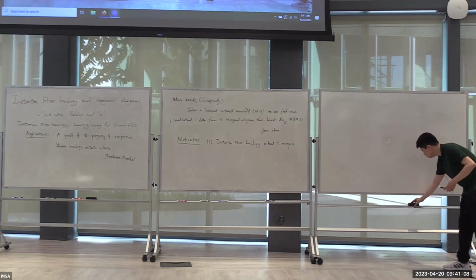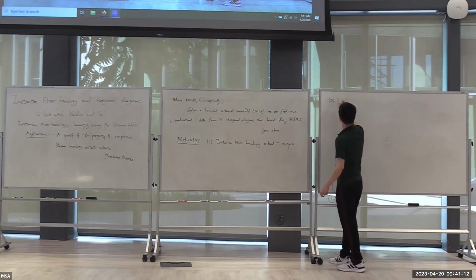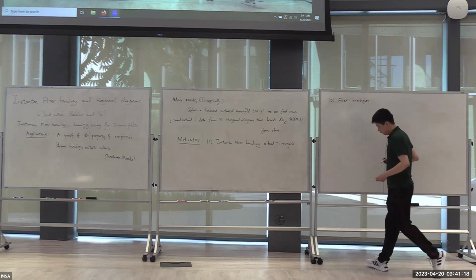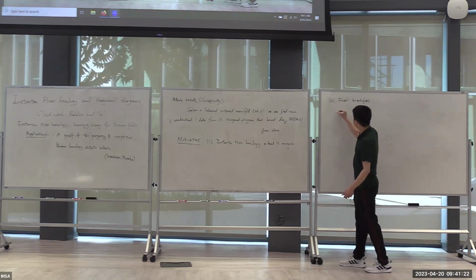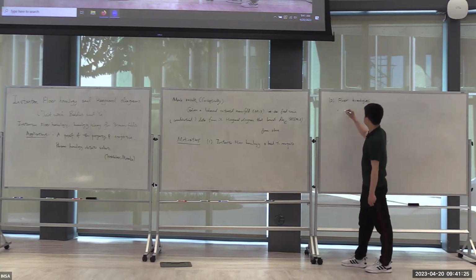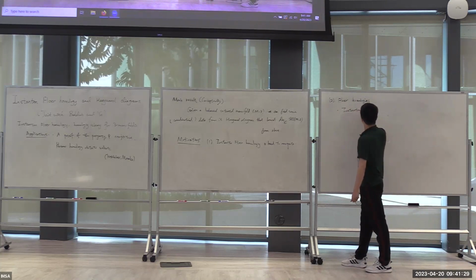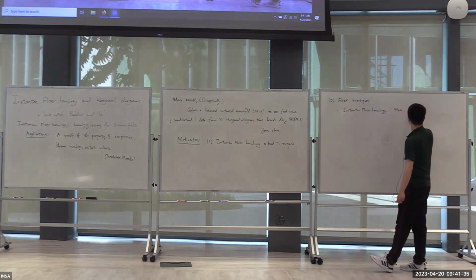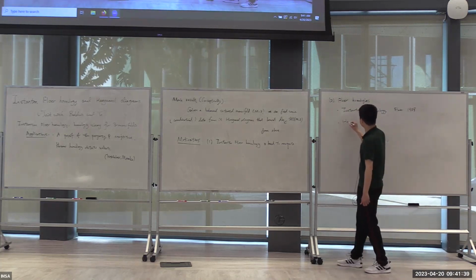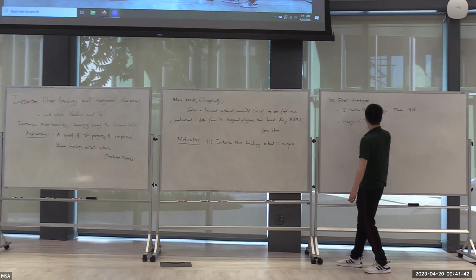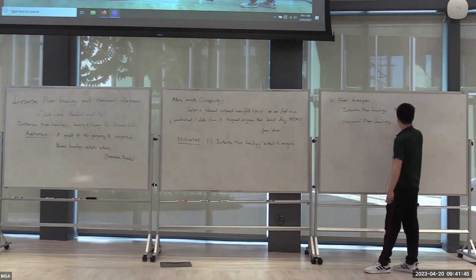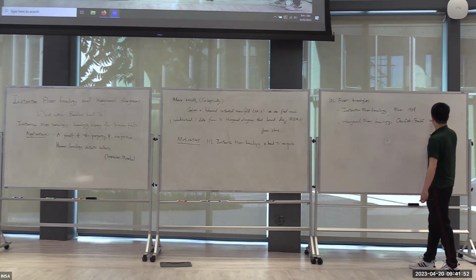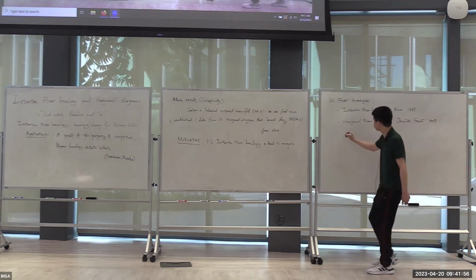So there are four major branches of Floer theory. The first is the Instanton Floer homology, introduced by Floer, I think back in 1988. And second, we have the Heegaard Floer homology, introduced by Ozsváth and Szabó, I think around 2003 or 2004.